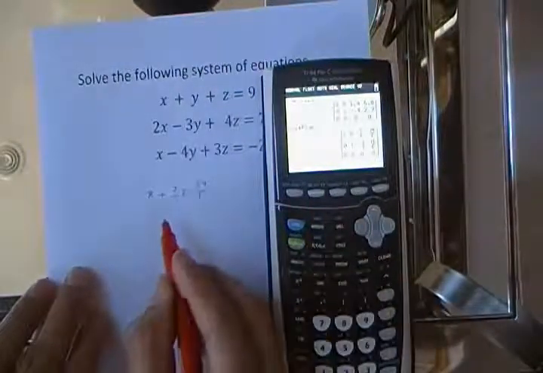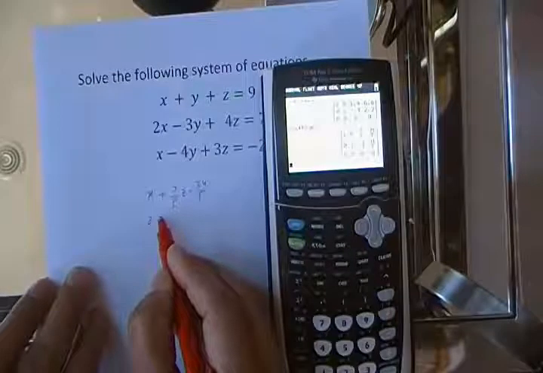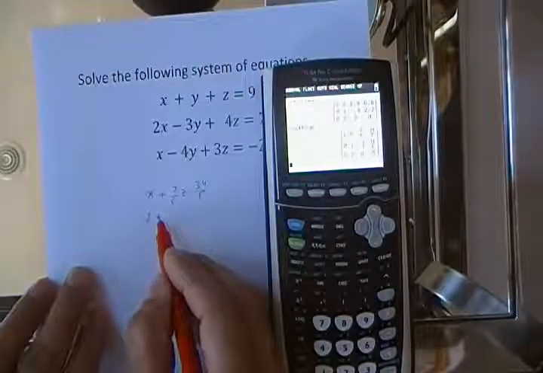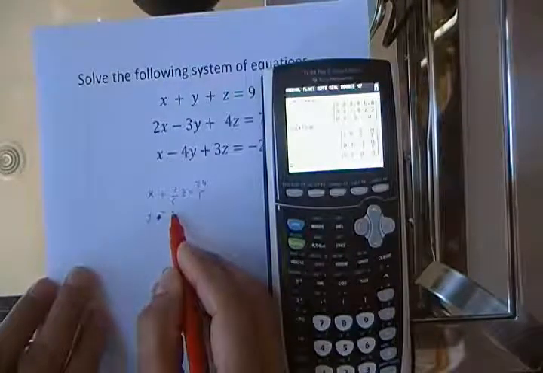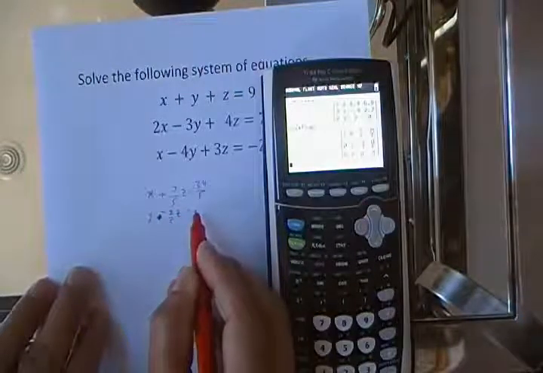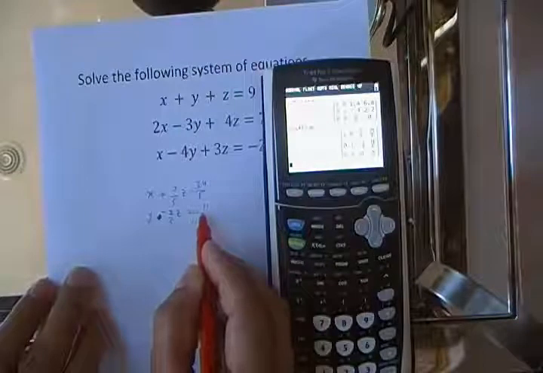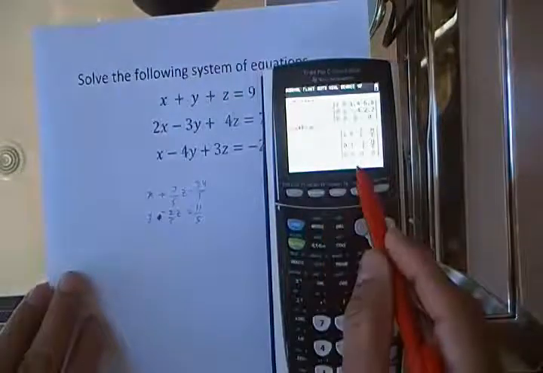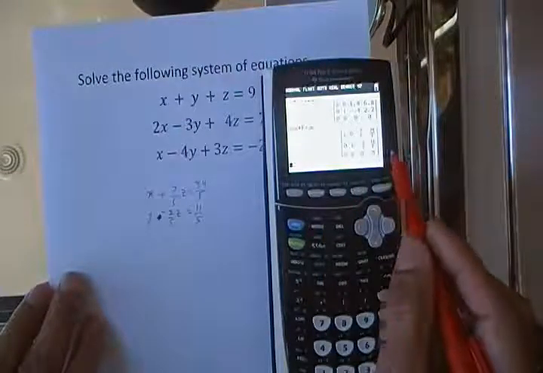From the second row, it's y minus 2/5 of z is equal to 11/5. And from the third row, 0 is equal to 0, so we don't have to write it.